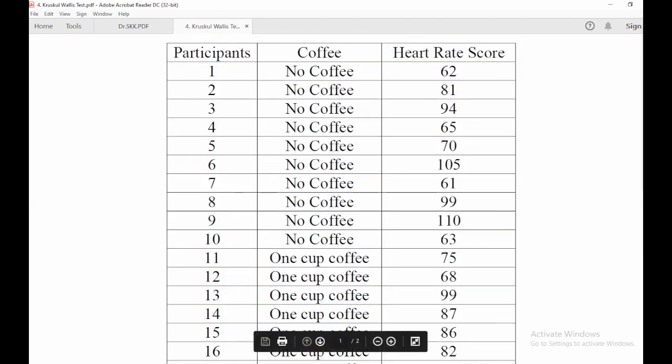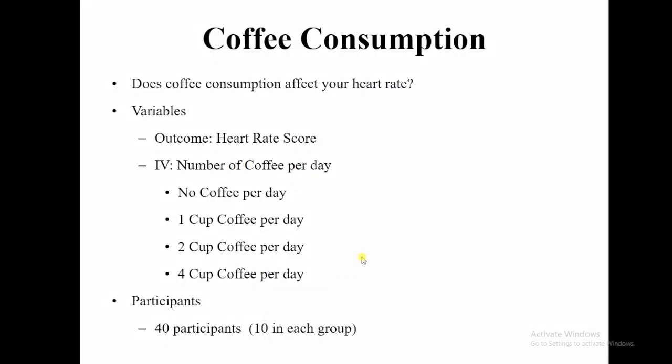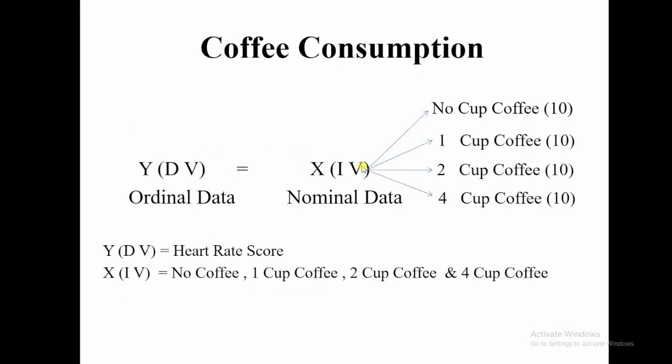Now we can see there are 2 variables: one dependent variable, which may be ordinal or continuous, and X, which is nominal or non-metric.